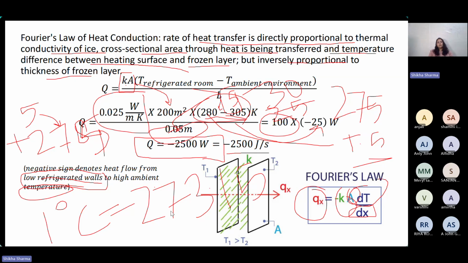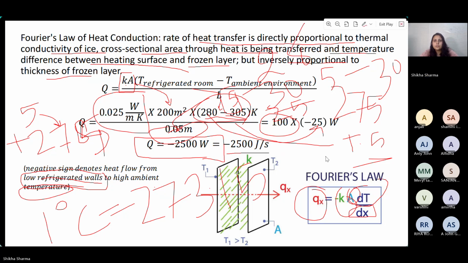I am taking the round off number, which is 275. But actually, if we are converting 1 degree Celsius into Kelvin, it will be 273.15. But the difference is 5 minus 30, which is 25. Is this question clear to everyone?